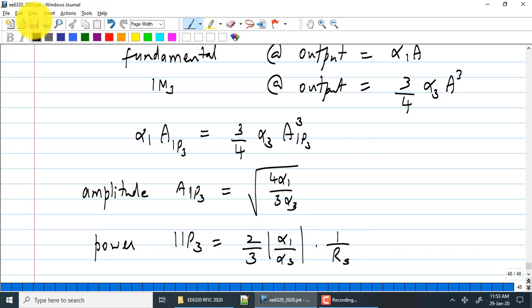So specifically, I will write it in this form because you are always plotting the magnitude, remember. Any questions?